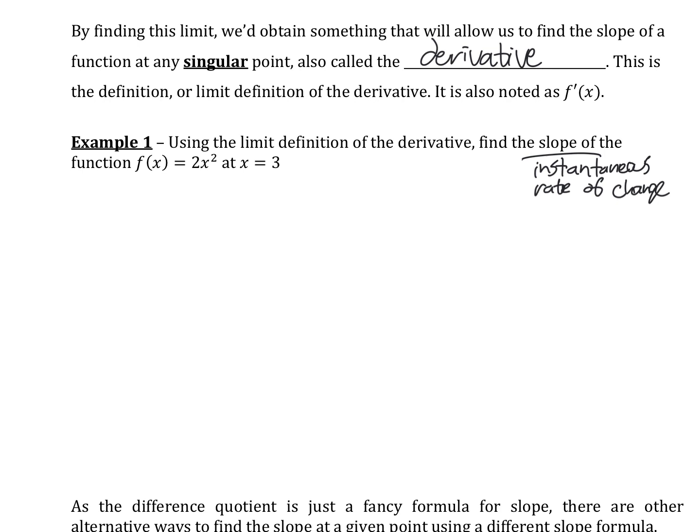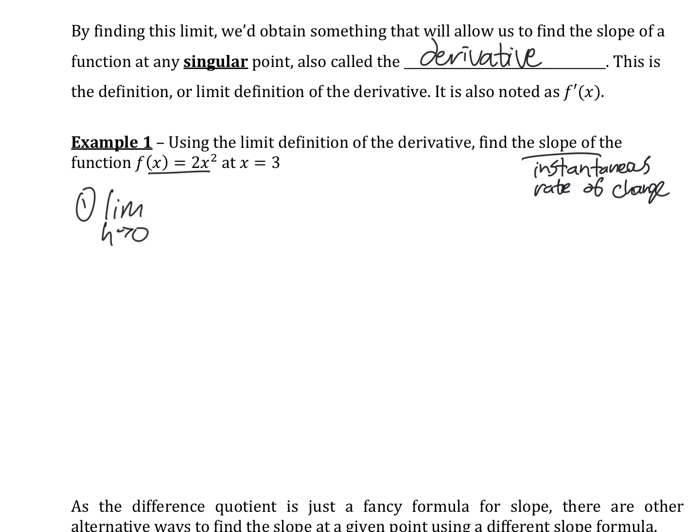So step 1, let's write out the limit definition of the derivative with that function 2x squared. If you remember, it was the limit as h approaches 0 of f of x plus h. Well, f of x in this case is 2x squared, so instead of putting in x, I'm going to put in x plus h.